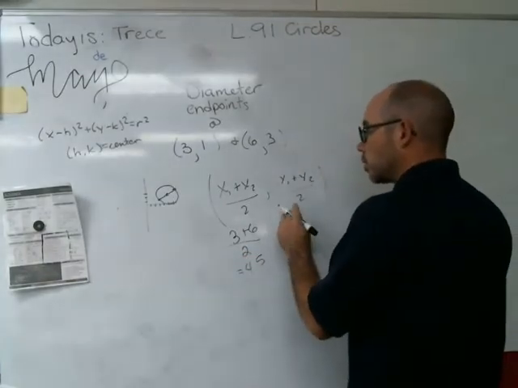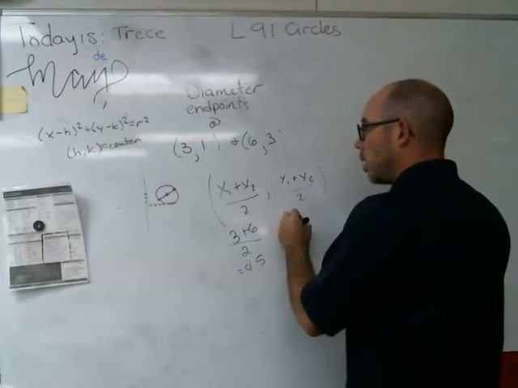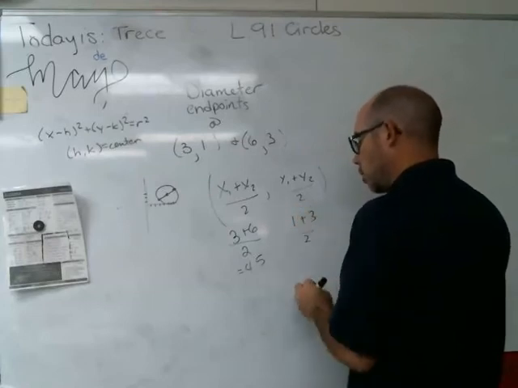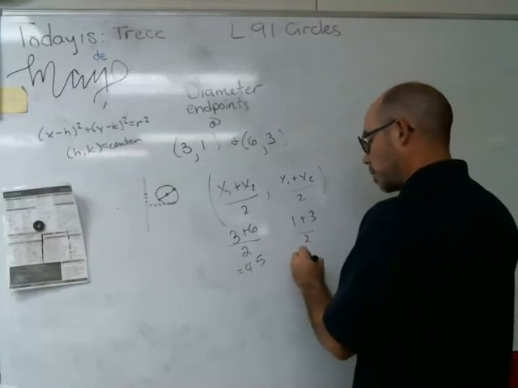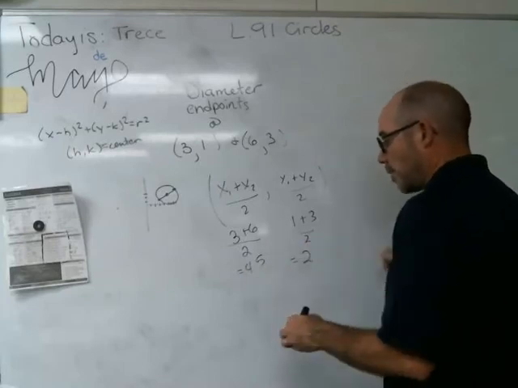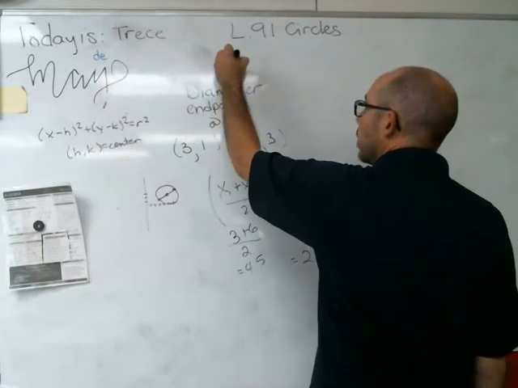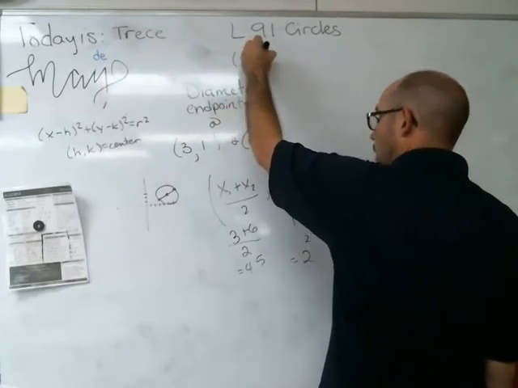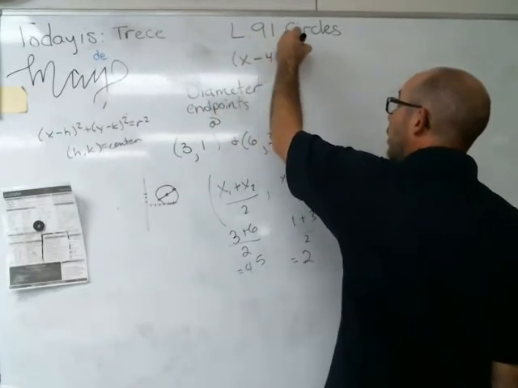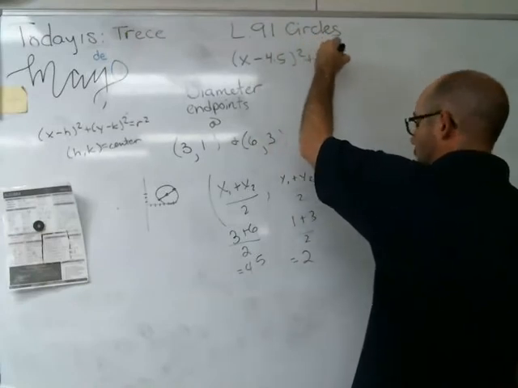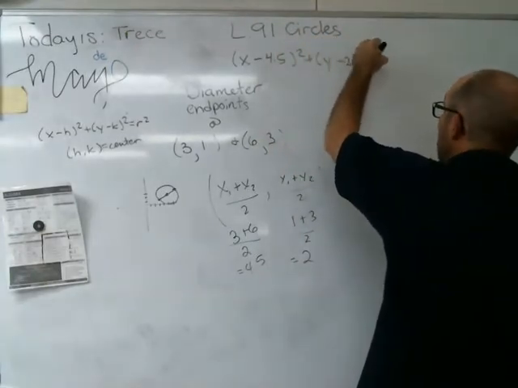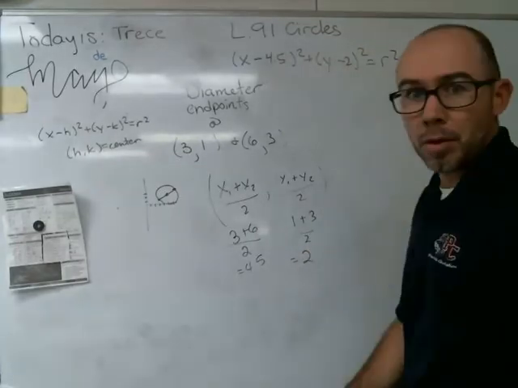And over here, it's 1 plus 3 over 2, that equals 4 over 2, which is 2. There's our center, (4.5, 2). So I can start plugging in some of that information. (x minus 4.5) squared plus (y minus 2) squared equals radius squared.